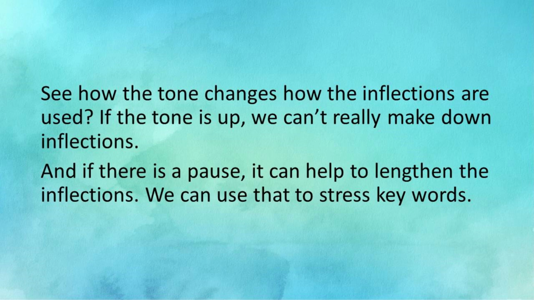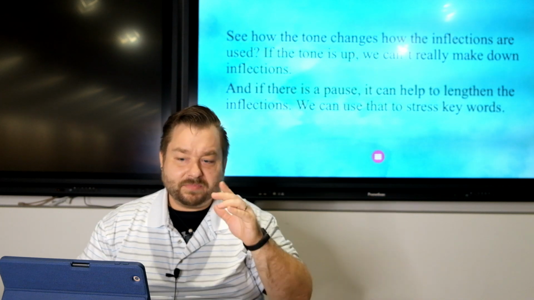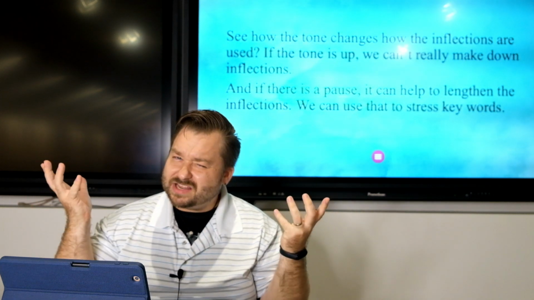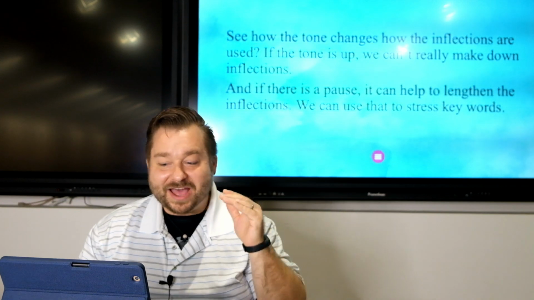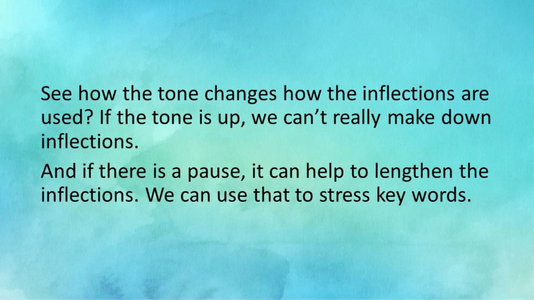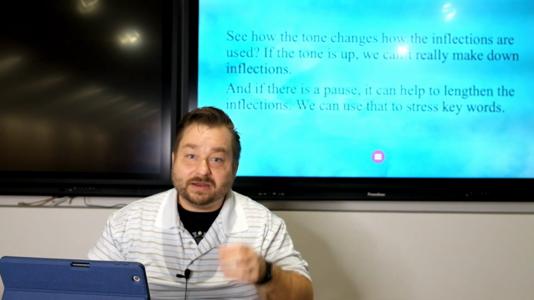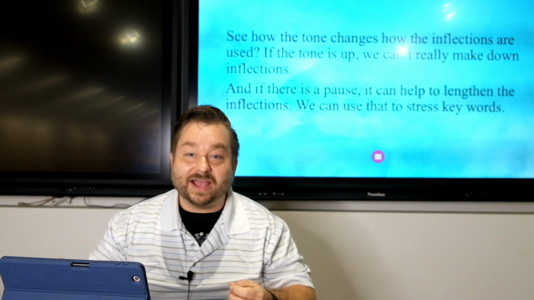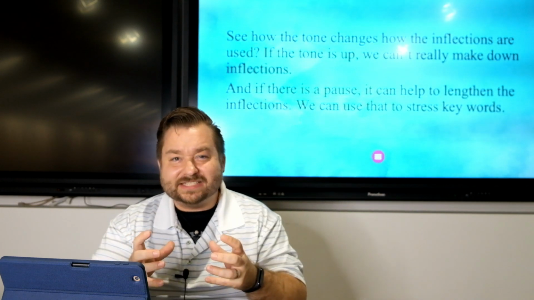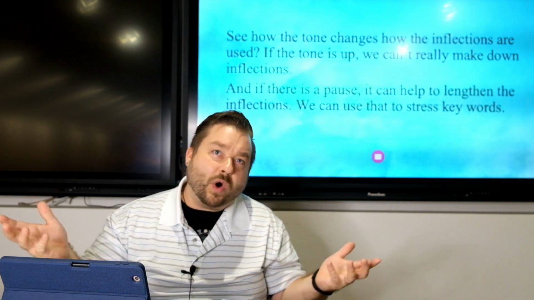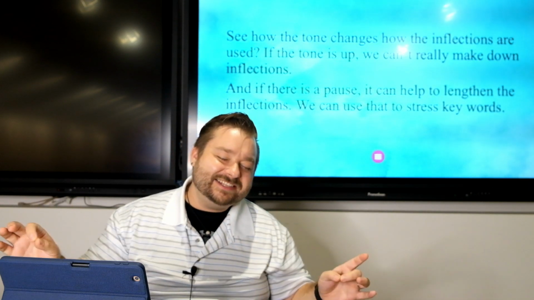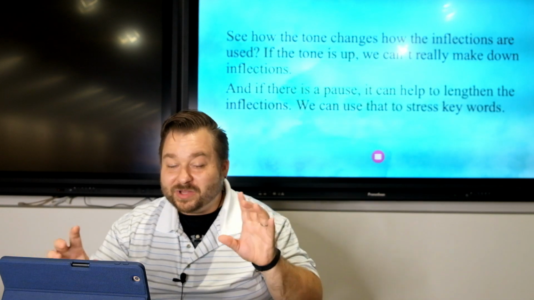If we have a tone that goes up, our inflections go up. How do we go up and down at the same time? That doesn't work, right? So we have to make sure they go together. And if there's a pause, we can lengthen. We can make the inflections longer. We can stress these key words. Because, why? Because, yeah. They're all little things we can do.